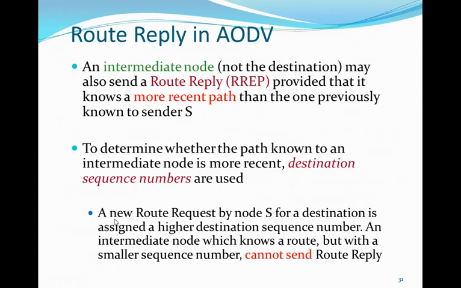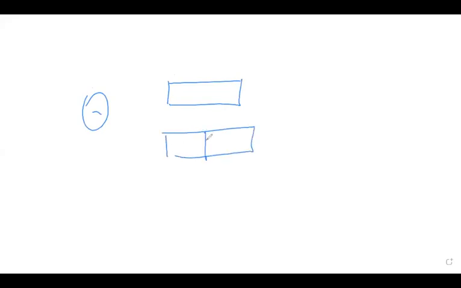And that's why I told you that sometimes you may receive multiple packets at the same time. Let me explain it here on the whiteboard. For example, this is a node, and this node receives these two packets or route replies, in which one destination sequence number is 12, and in another the destination sequence number is 23.